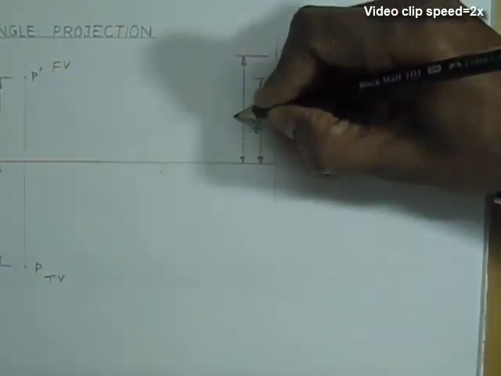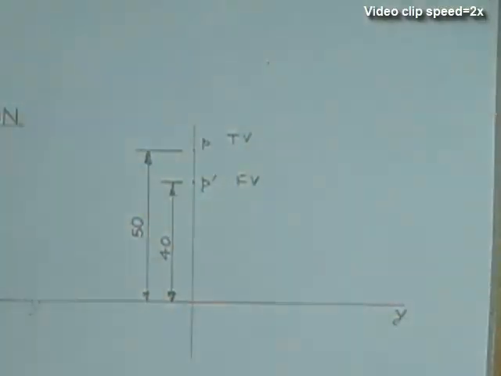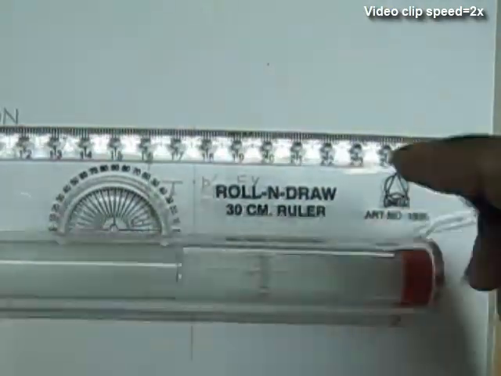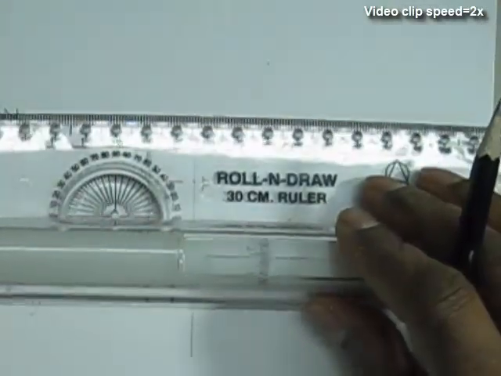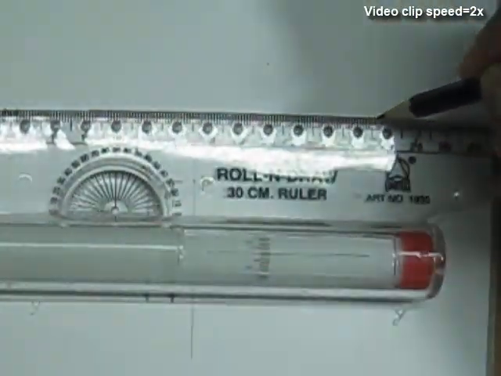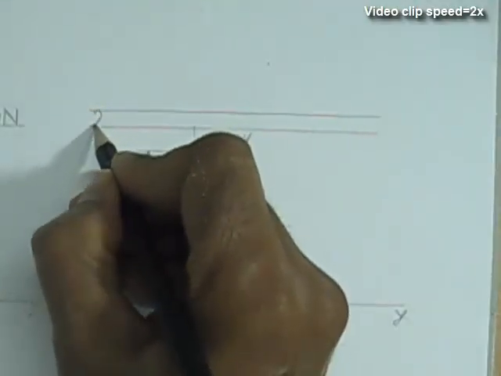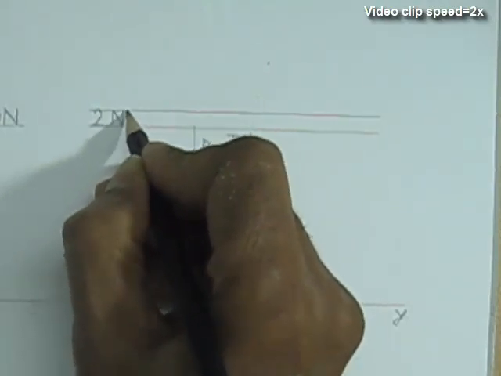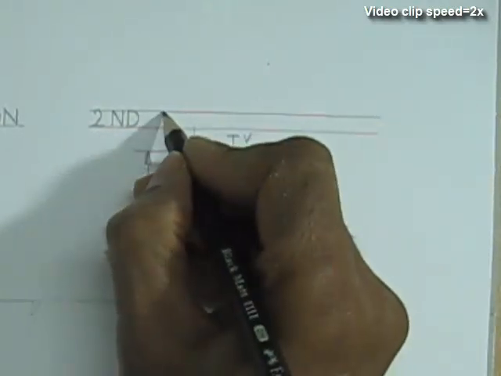So the front view is 40 mm above the reference line. The top view is 50 mm above the reference line. So this is second angle projection system.